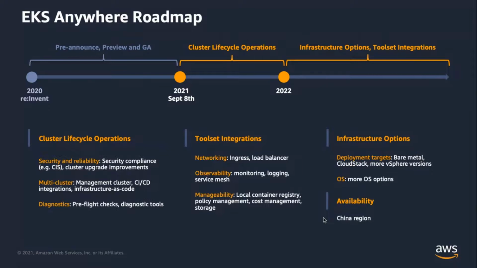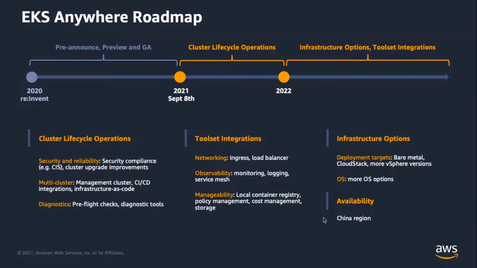We will dedicate the remainder of this year to focus on adding more tools and improving existing tooling for cluster lifecycle operations. We will update the EKS Anywhere architecture to include a long-lived management cluster that will in turn provision and manage one or more workload clusters.